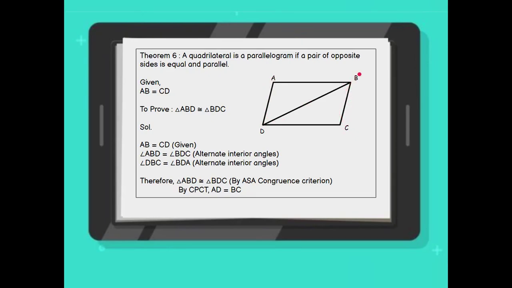Angle BDA is equal to angle DBC, because of CPCT they both are equal. So therefore, side AD is parallel to side BC, and therefore AD is parallel and equal to BC, and AB is parallel and equal to CD. Since both the pairs of opposite sides are equal and parallel, ABCD is a parallelogram.